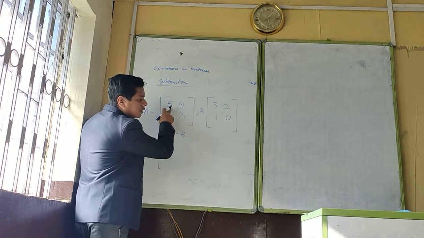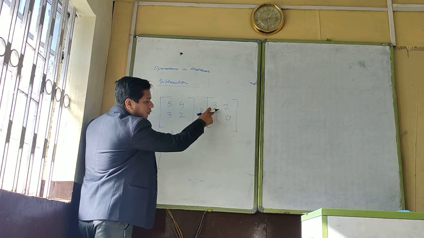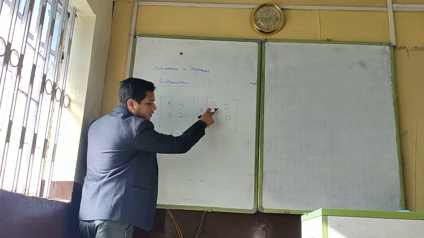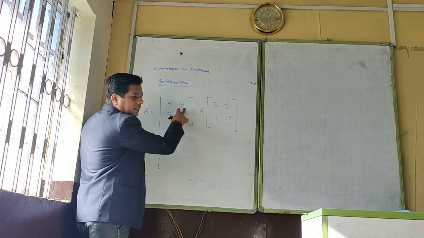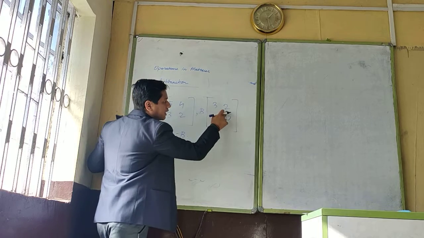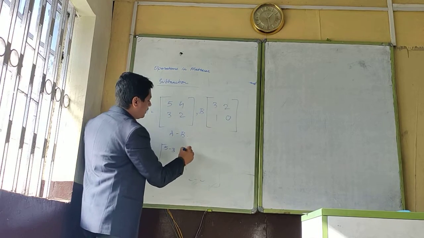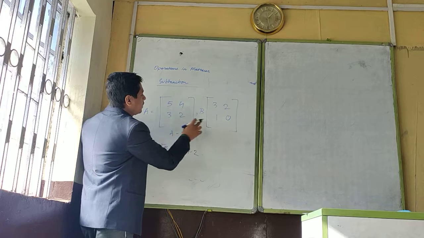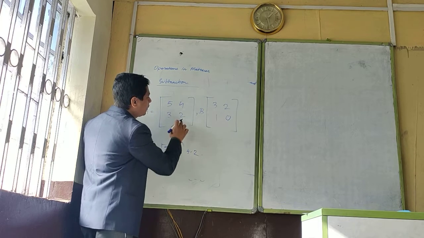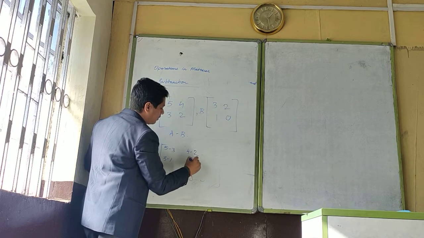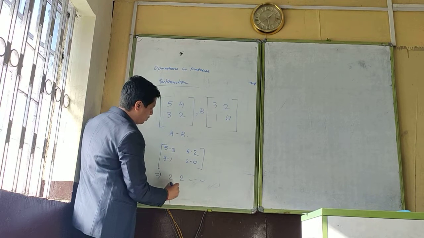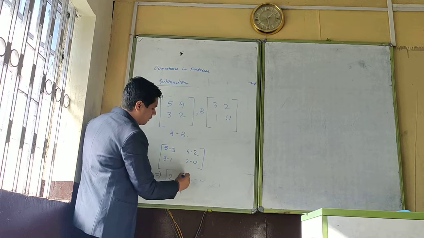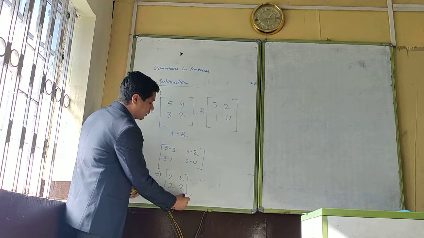We will take the first term of the first row and subtract the first term of the first row of the second matrix. So 5 minus 3. Again, second term of the first row, that is 4 minus 2, 3 minus 1 and finally 2 minus 0. So 2, 2, 2 and 2. This is our answer.